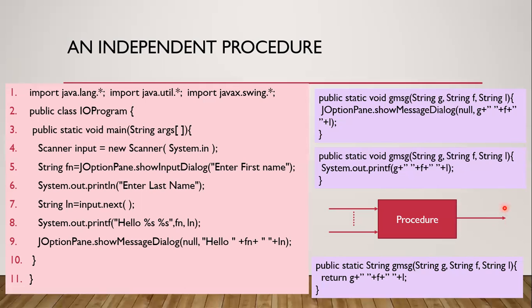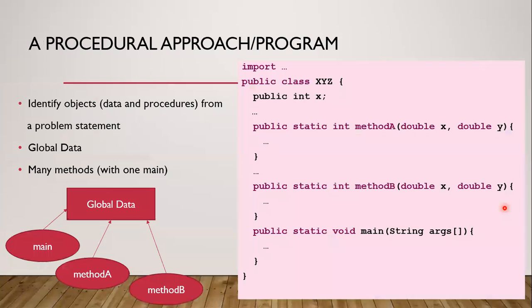With this little introduction of the independent procedure, let's take a look at procedural programming and then object-oriented programming. A procedural approach or a procedural program. I'm using Java as a means to depict what a procedural program would look like.